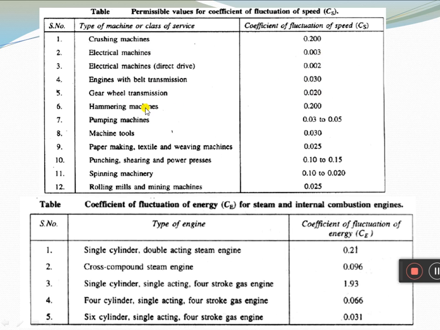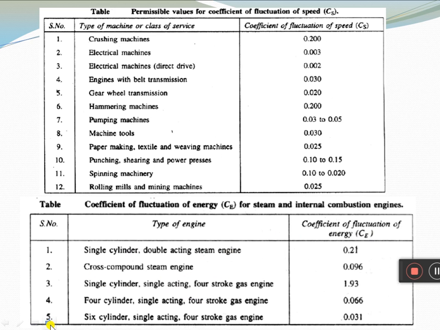Likewise, based on the application you can select the coefficient of fluctuation of speed. At the same time you can select the coefficient of fluctuation of energy Ce for a 4-stroke or single cylinder double acting steam engine, or a single cylinder single acting 4-stroke gas engine. Likewise you can select based on the application.